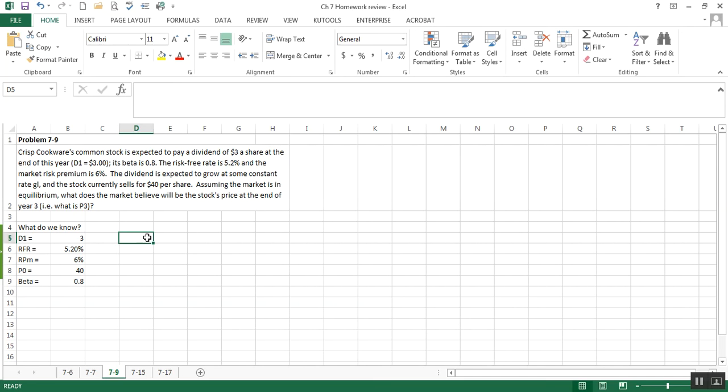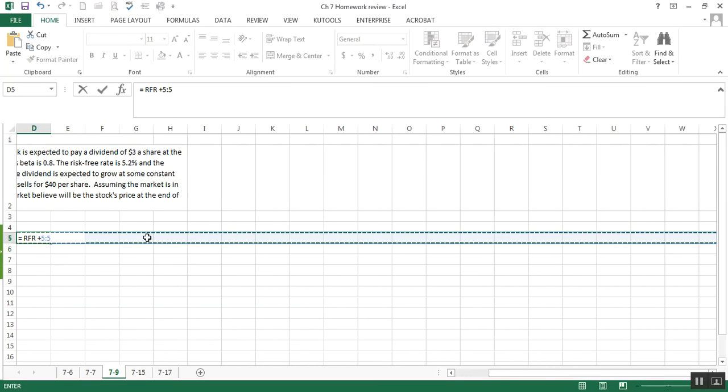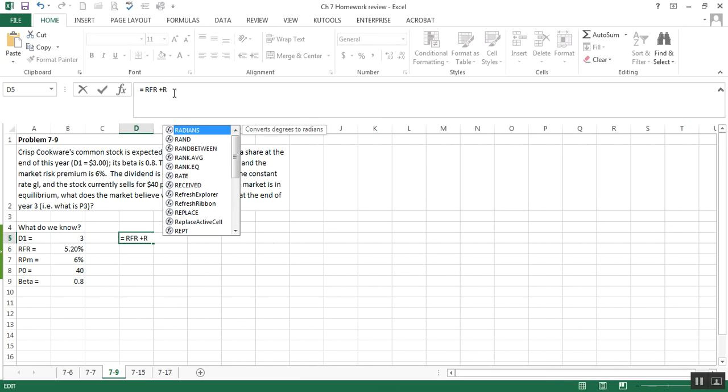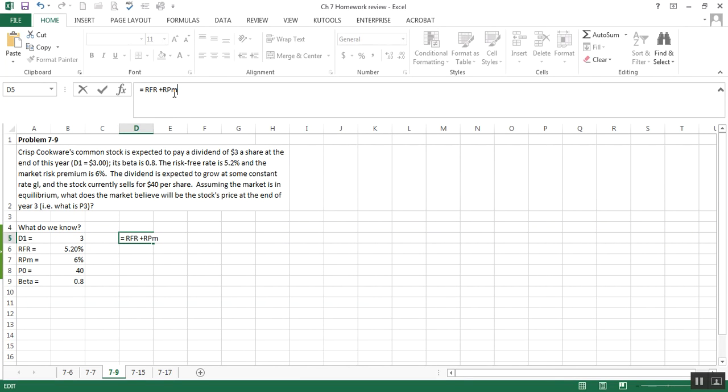Our rate of return is equal to the risk-free rate plus our market risk premium times our beta.